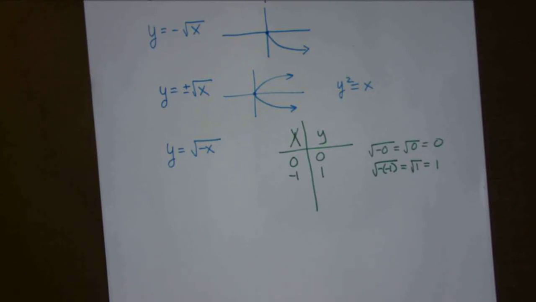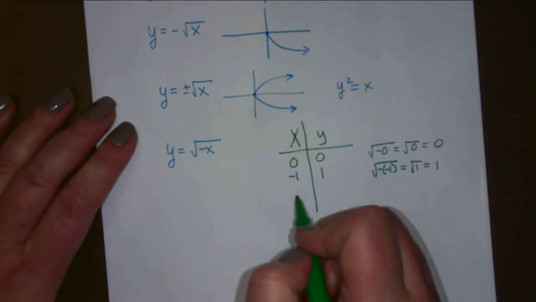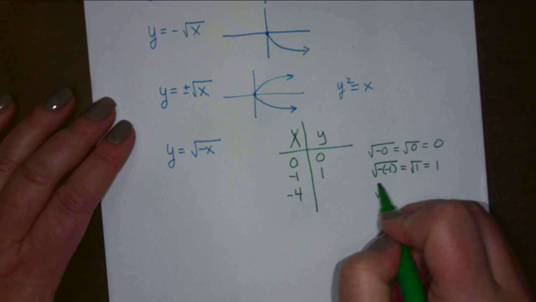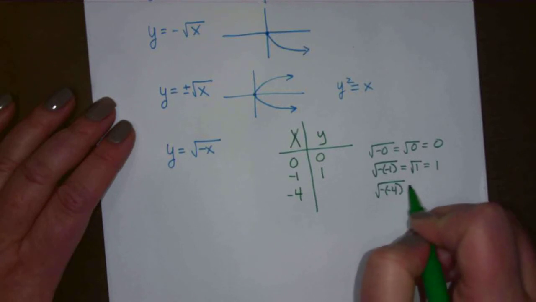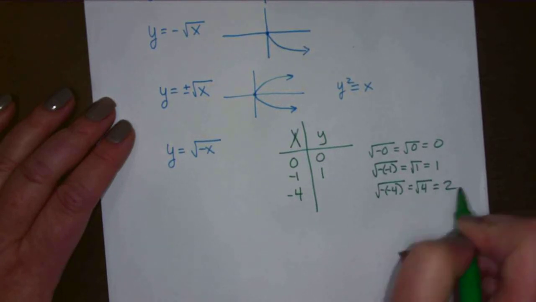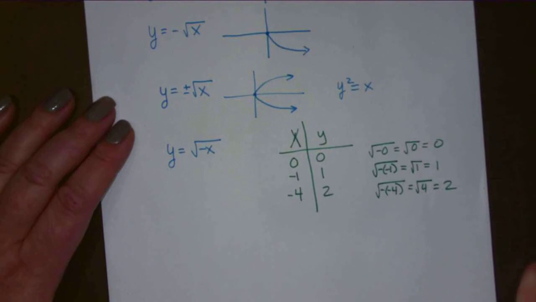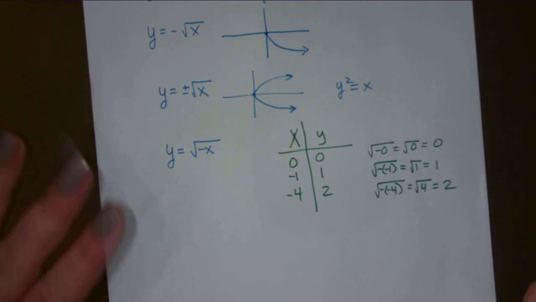Negative 4. So plug in negative 4. That gives 2. Okay, let's just plot those points and see where this graph will be.